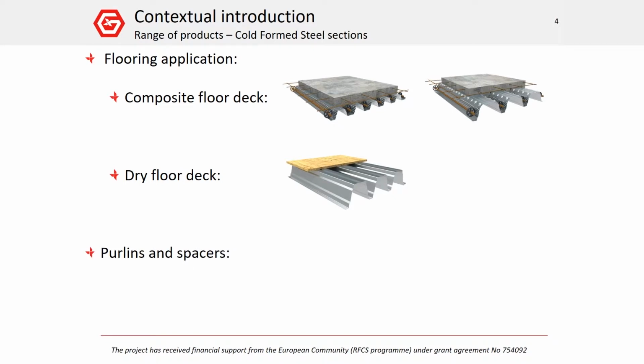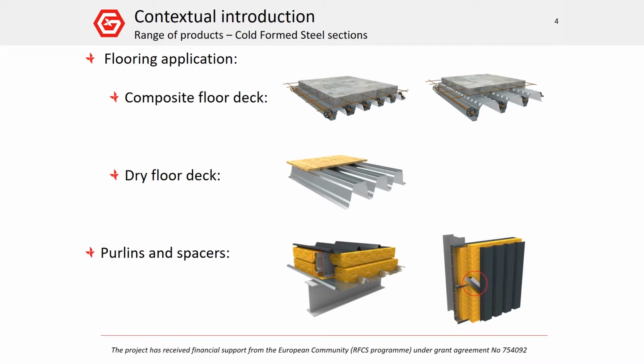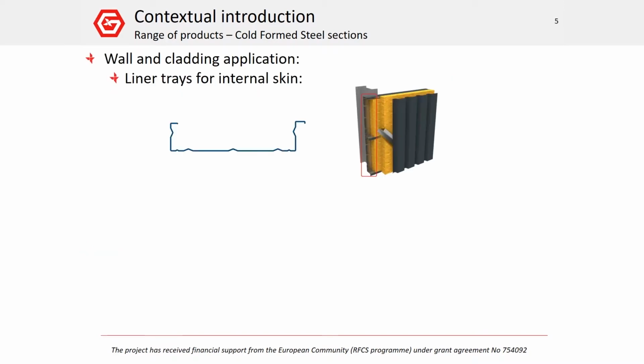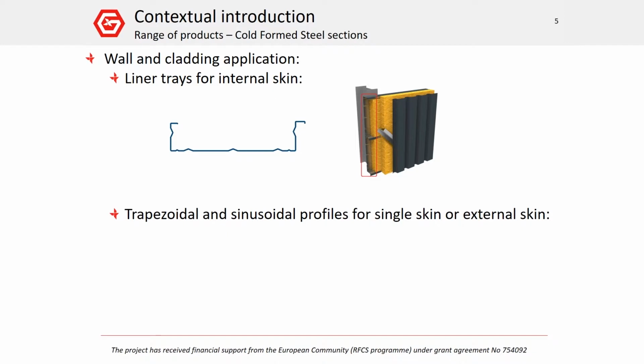Purlins and spacers are one of the families of products. They are generally used to support simple skin roofing and cladding or for the local support of the external skin. To continue on cladding applications, we also have liner trays for the inner skin of cladding systems, as well as sinusoidal or trapezoidal profiles for single skin or for the outer skin.